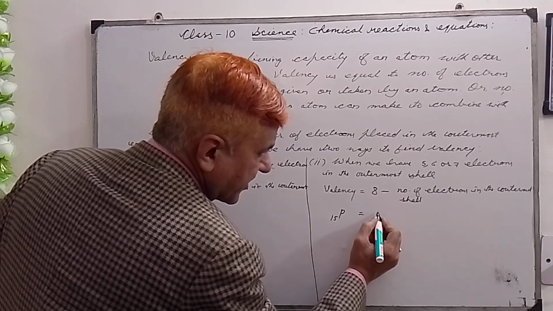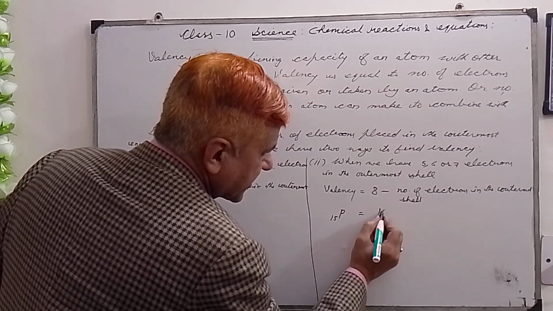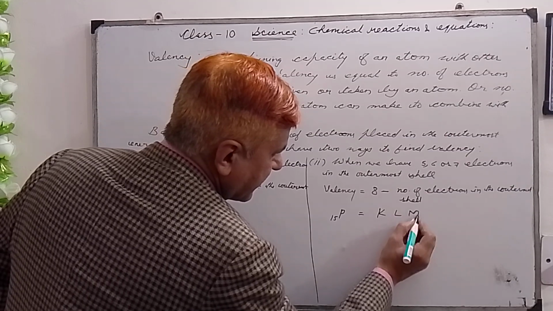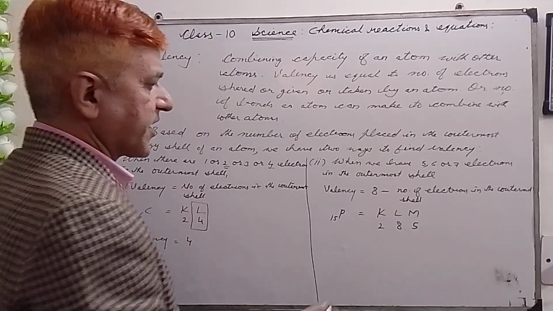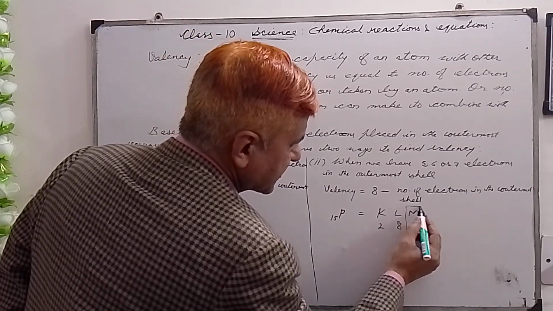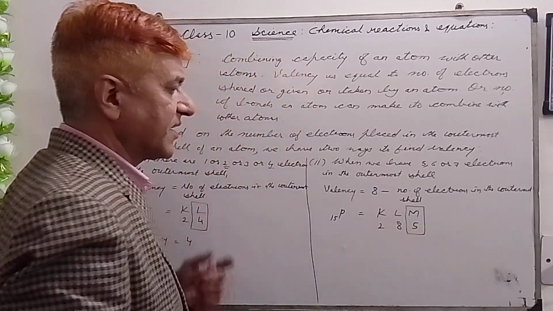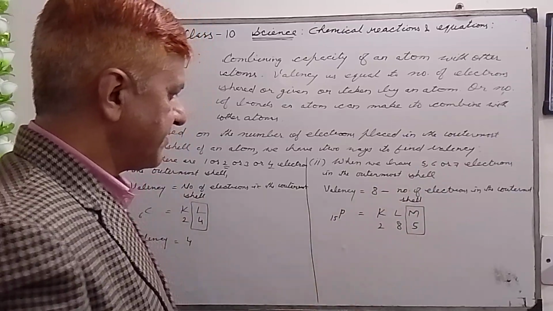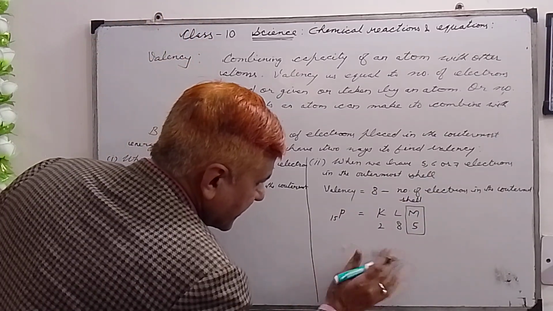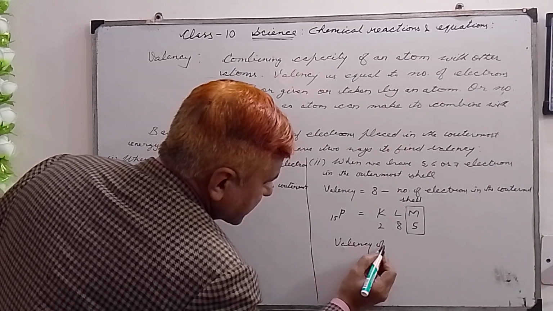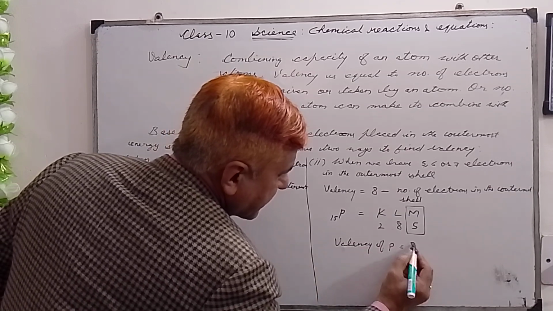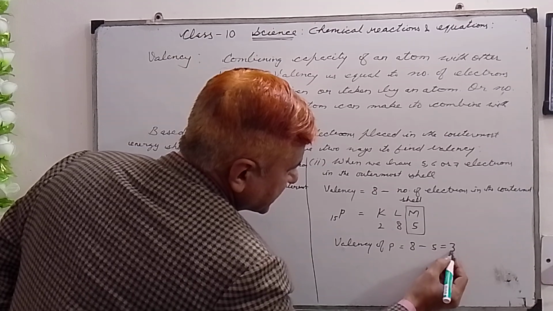So the electronic configuration K L M is 2, 8, 5. Again, how many electrons do we have? 5 electrons in the outermost shell. So the electronic valency of phosphorus is equal to 8 minus 5, which is equal to 3.